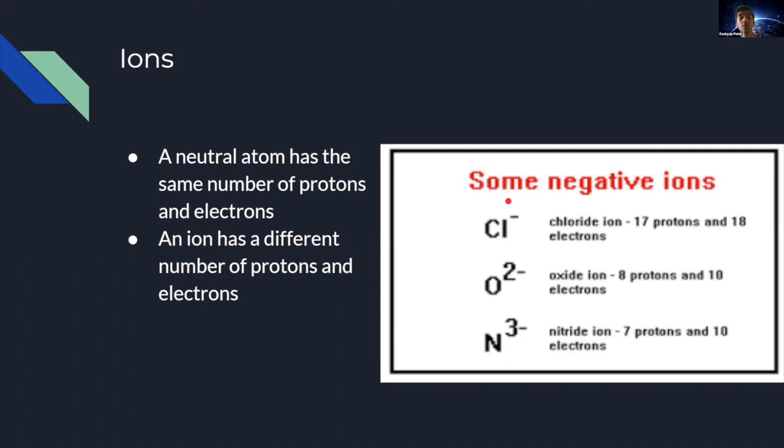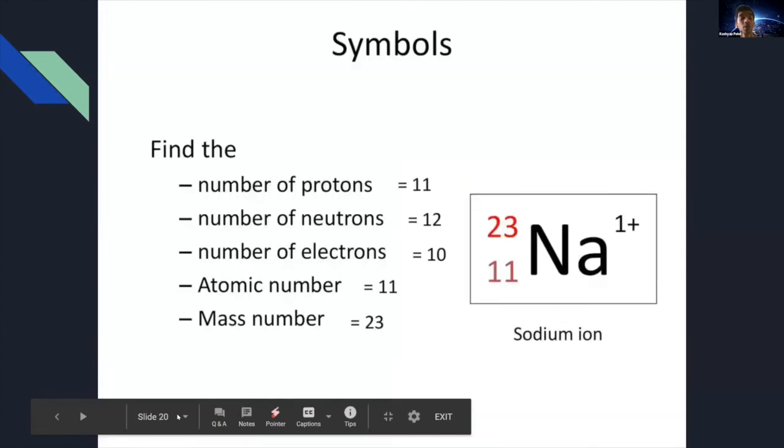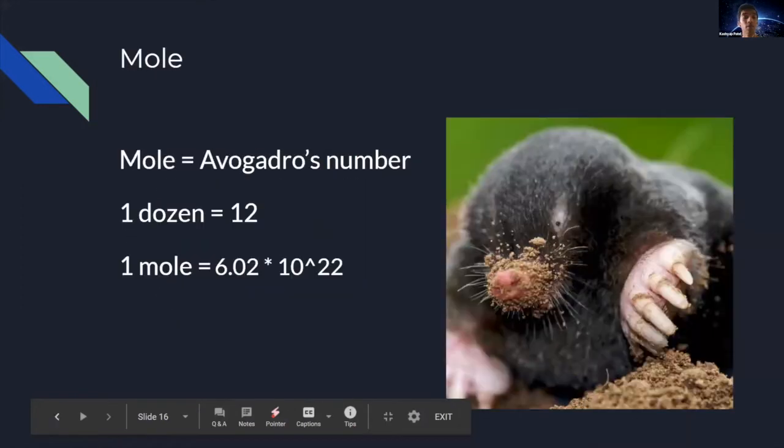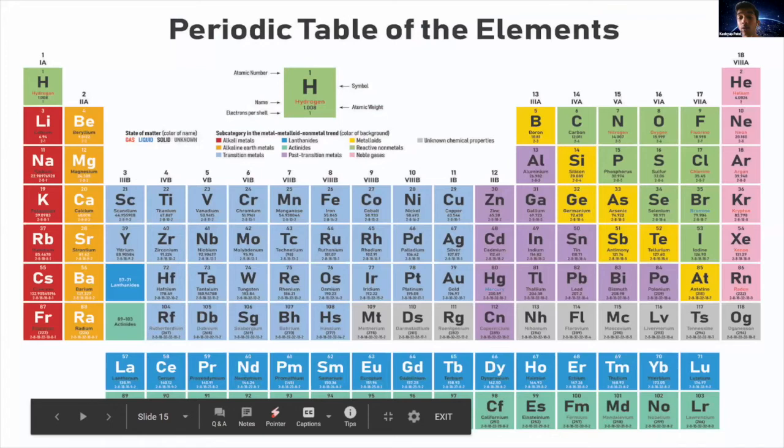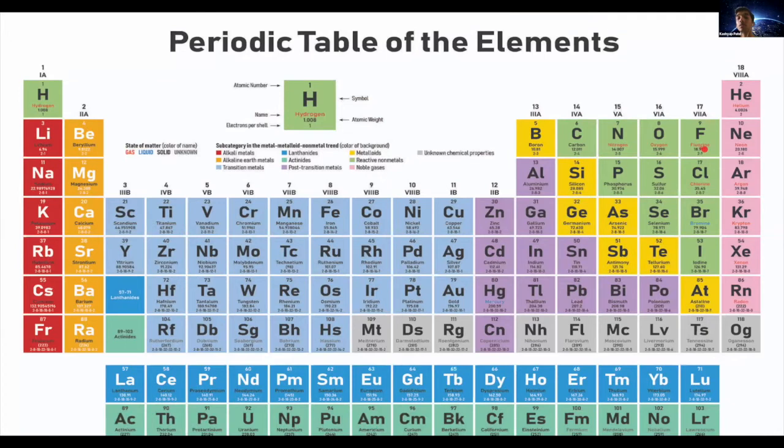So if we pull up the periodic table of elements, and we go to chlorine, we see here that chlorine has 17 protons, because that's the atomic number on the top.